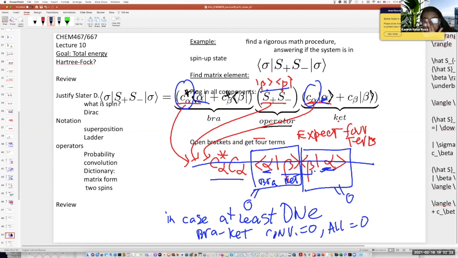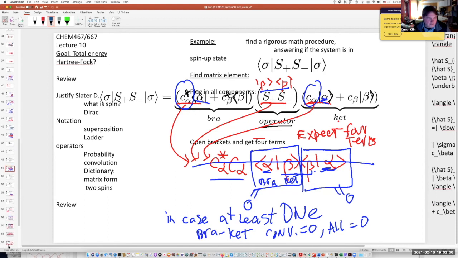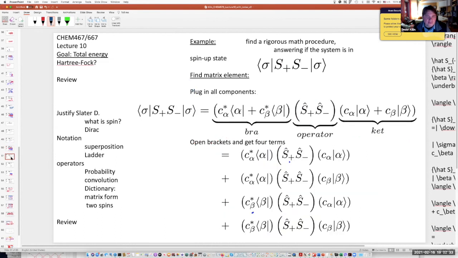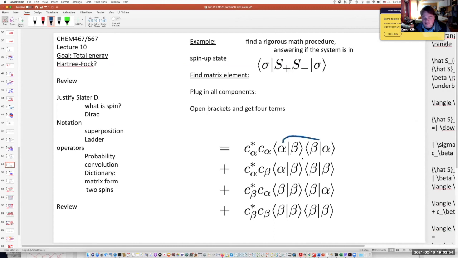We are already over the time, and I do not know your plans for the evening, so I'll try to speed up a little bit. Here the bra contains 2 terms, the ket contains 2 terms, and the operator contains 1 term. If you open brackets, there will be 4 terms. And if you plug the definition of the operator into each term, so here is the definition of the operator.